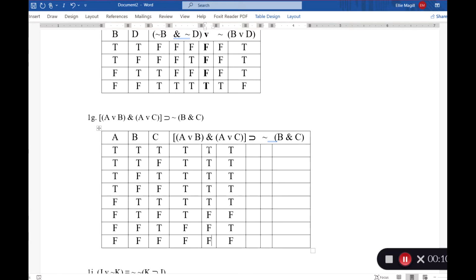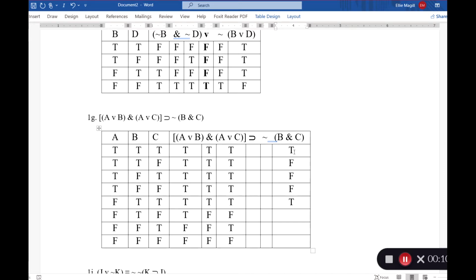So now let's look at our consequent. We have the negation of B and C. So first we need to do B and C. On the first row, they're both true, so it's true. And then C is false, then B is false, then C is false. And then they're both true here.